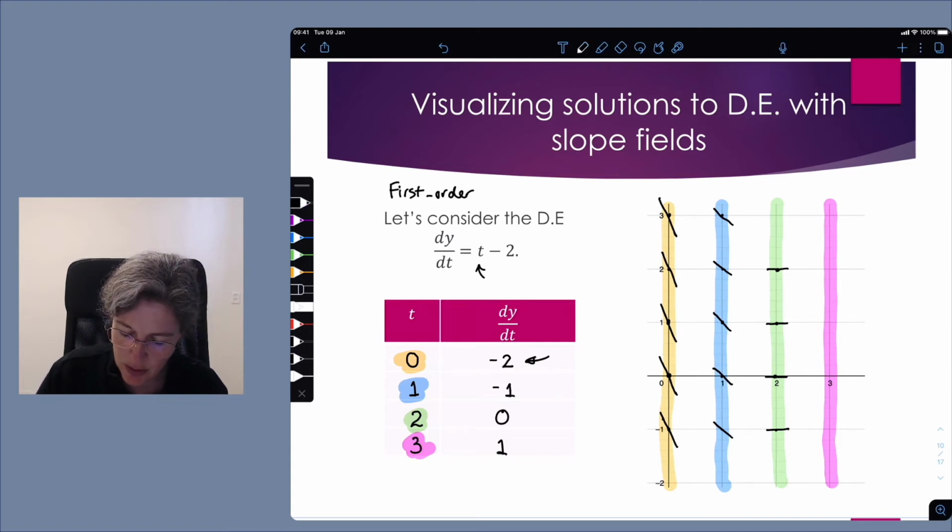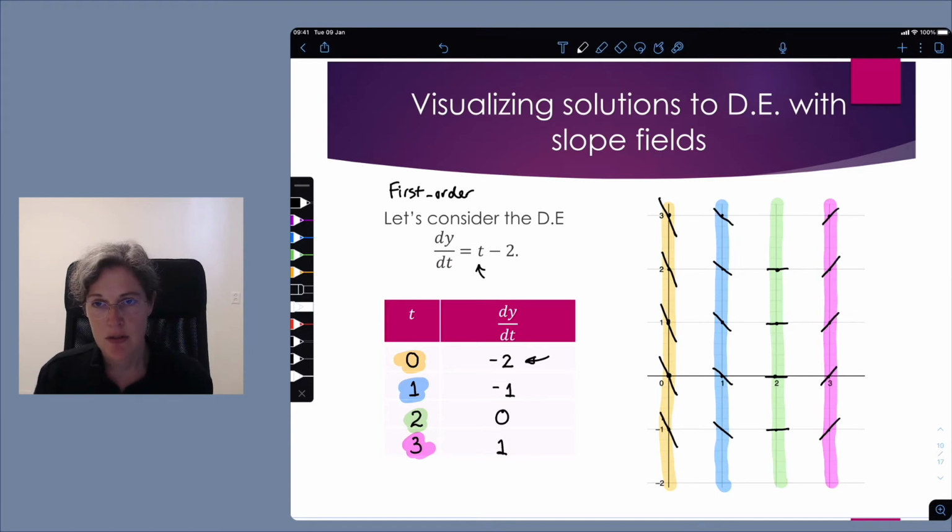And again, if it turns out that our y value is equal to 1, then we'd have a slope like so. If our y value is 0, 1, or 2, or in fact 3, or minus 1, those are all possible tangents.